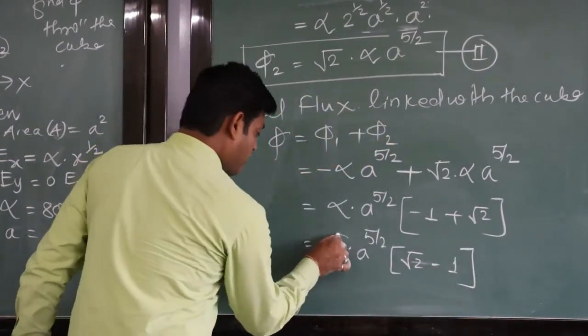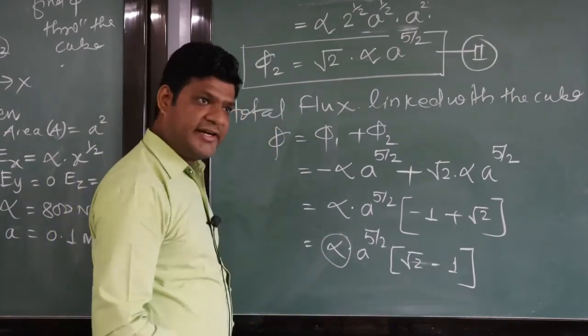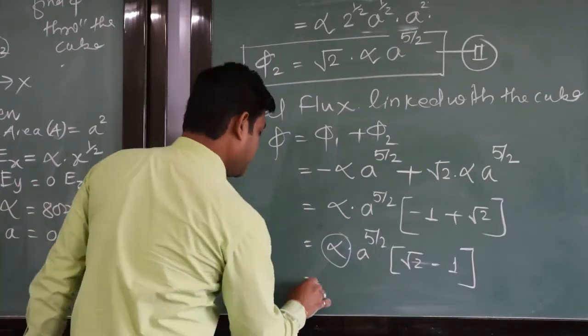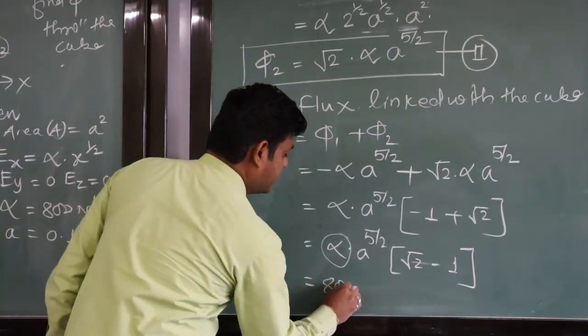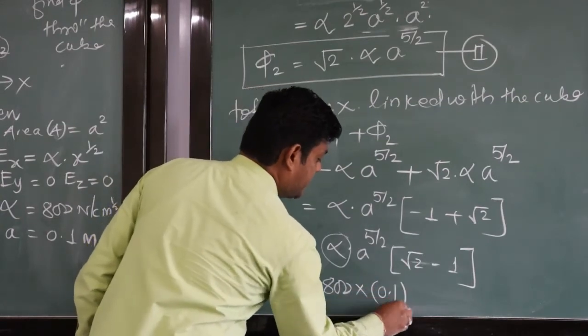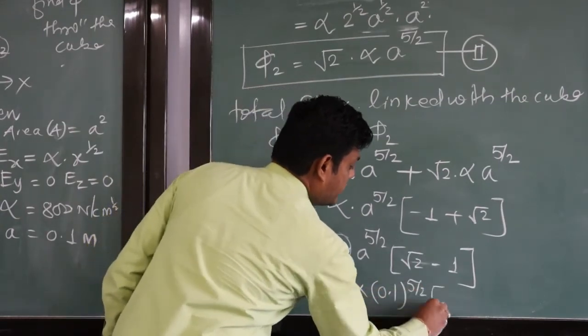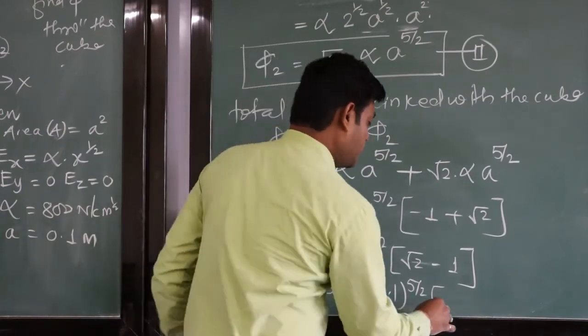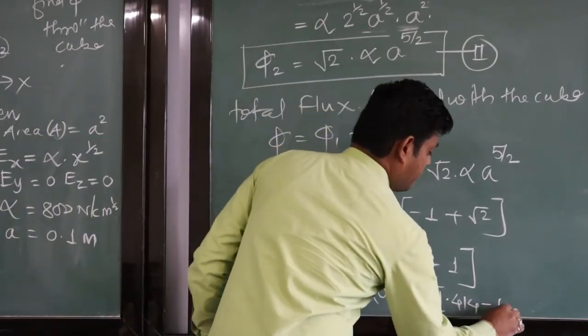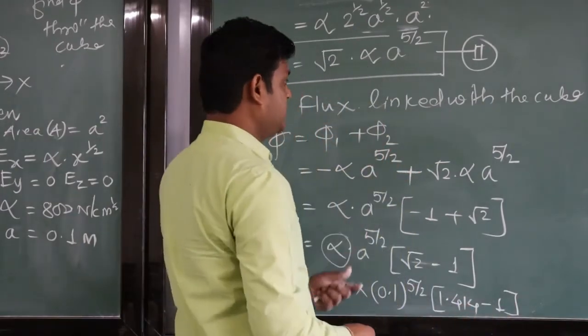So, put the value of alpha, that is near about 800. The value of a is given 0.1 meter, right? The value of a is given, that is 0.1 raised to 5 by 2. In the square bracket, the value of root 2 is 1.414 minus of 1, right?